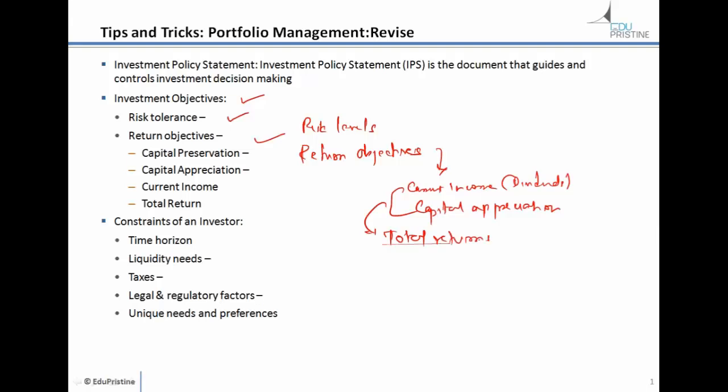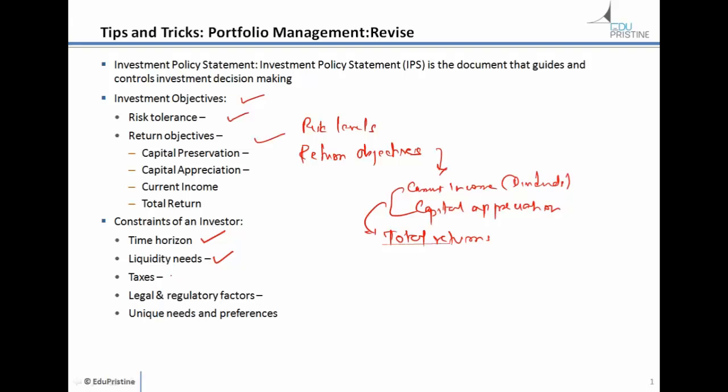Now, the constraints which one must look at while formulating the investment policy statement are the following. One must take into consideration the time horizon of the investment, and the liquidity risk which exists with a particular investment, because all the investments do not have the same kind of liquidity. Some investments may be liquid in nature, some may be highly illiquid, so that must be taken into account.